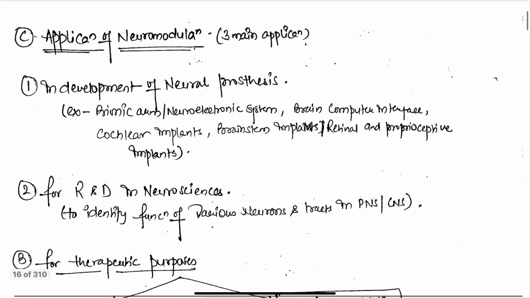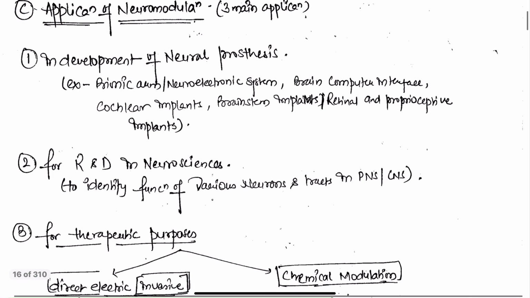Now coming to application of neuromodulation in development of neural prosthesis. How will we develop neural prosthesis with neuromodulation? A bionic arm, a neuroelectronic system, brain computer interfaces, cochlear implants, brainstem implants: all these neural prostheses are developed by using these different neuromodulation techniques.